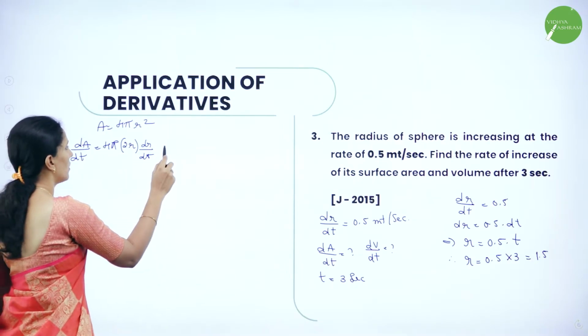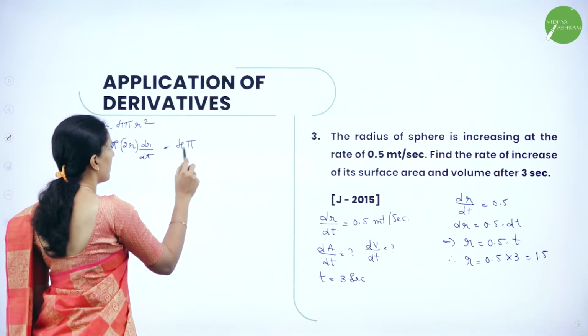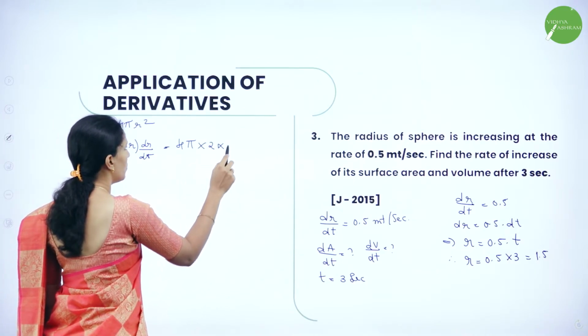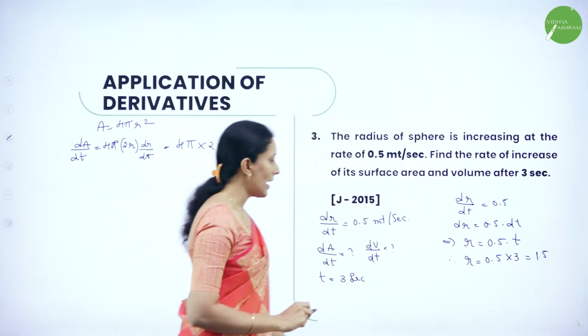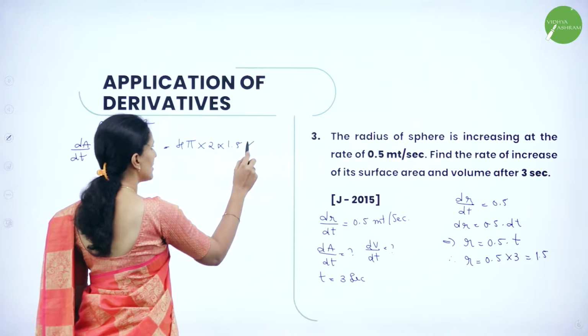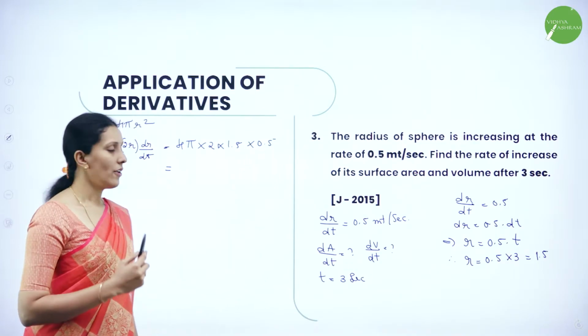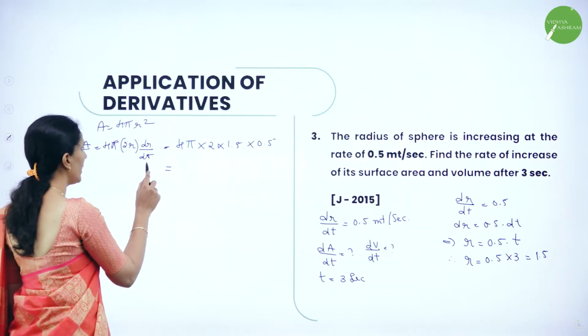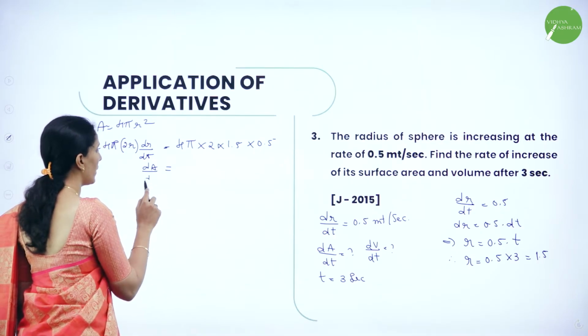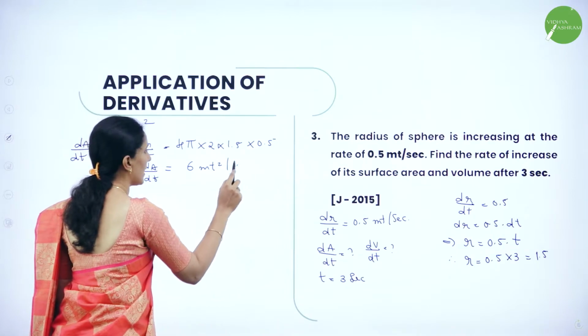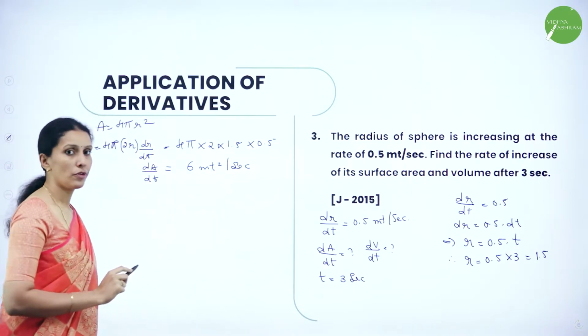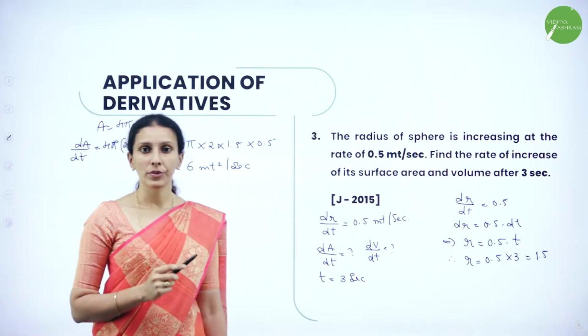So here we get 4 pi into 2 into 1.5, because r we got as 1.5, and dr by dt is given as 0.5. After multiplying the values, we get the rate of change of area is equal to 6 meter square per second. Since this is an area, we have to write the unit in terms of square unit.